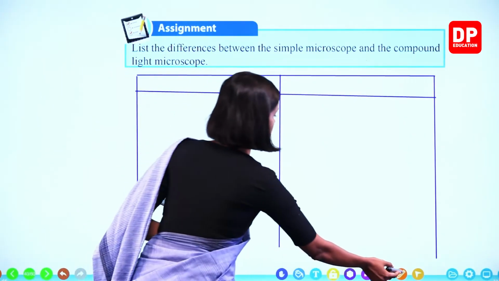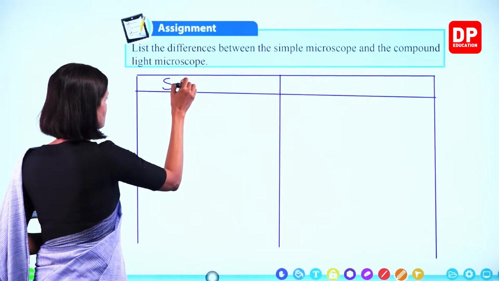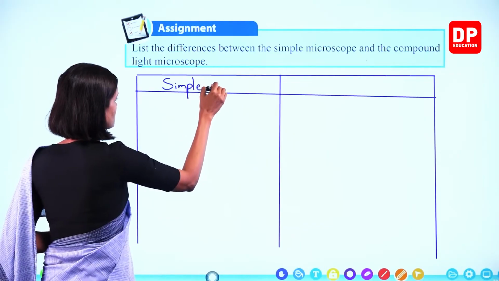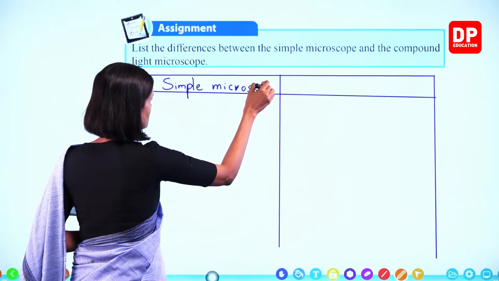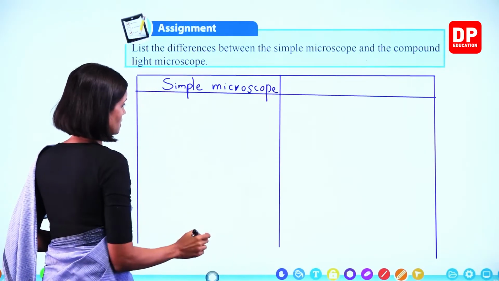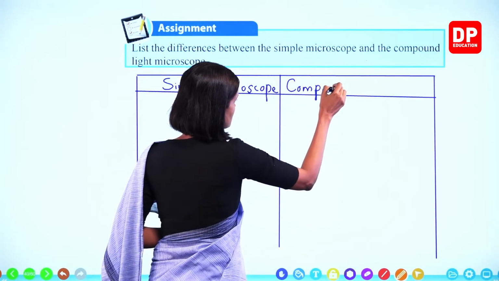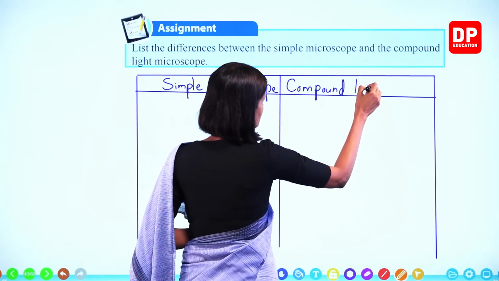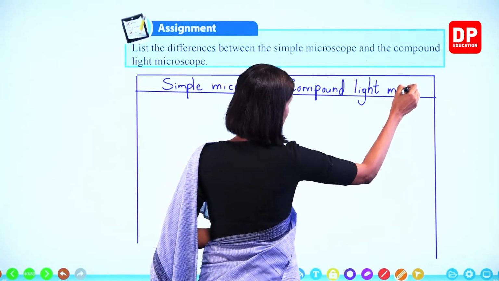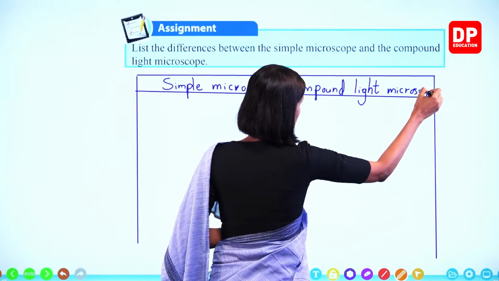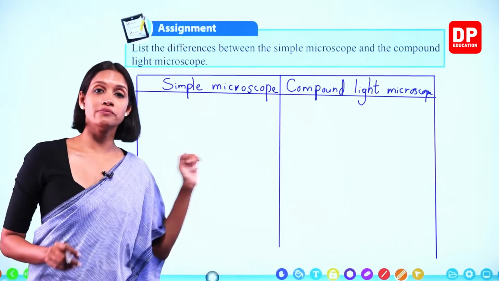Right, children, let's start. Simple microscope. Compound light microscope. Simple microscope and compound light microscope.